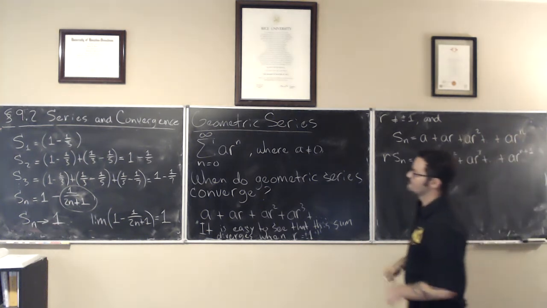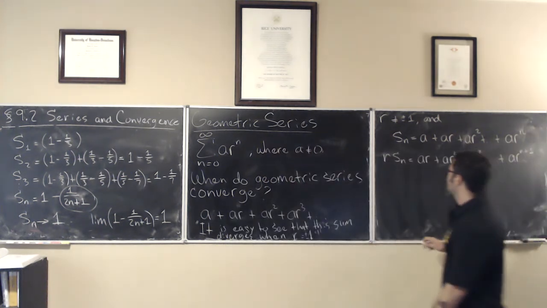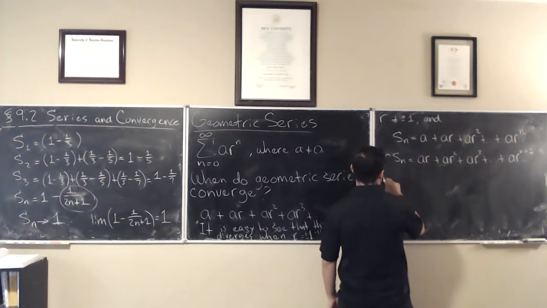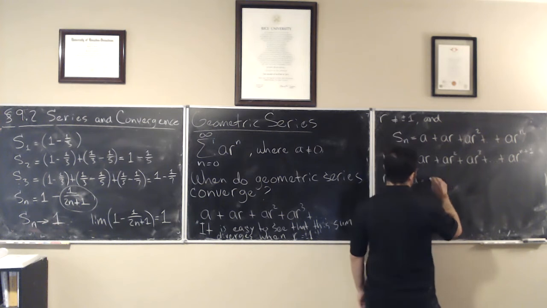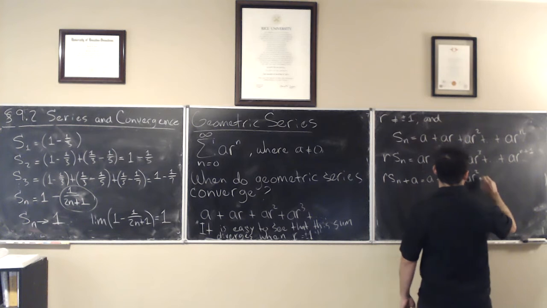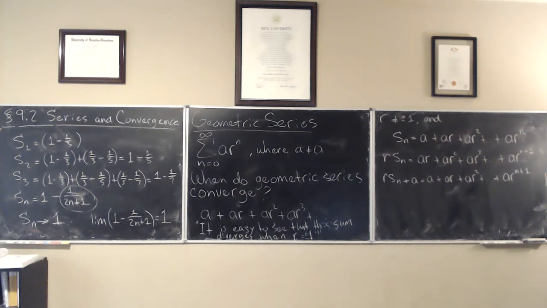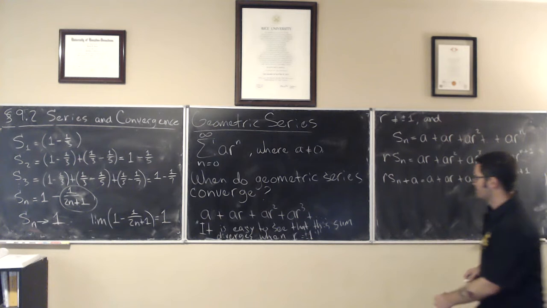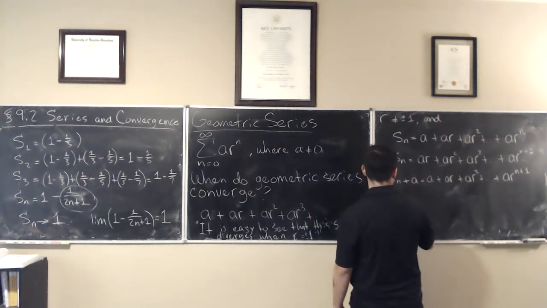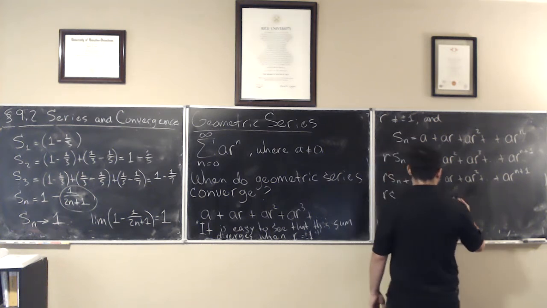All I did was look at the partial sum and then multiply it by R. And then I noticed that if I add A to both sides, I get A plus AR plus AR squared plus dot dot dot plus AR to the n plus 1. Oh, this is the n plus 1 partial sum.